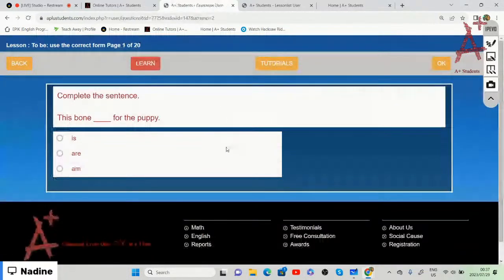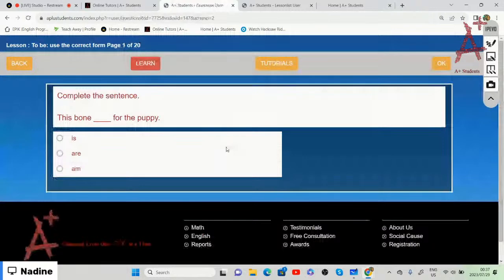But let's go to the test. All right, so now in the test, we need to choose the correct word to complete the sentence, and they say to use the correct form of to be. So do we say the bone is for the puppy? The bone am for the puppy?